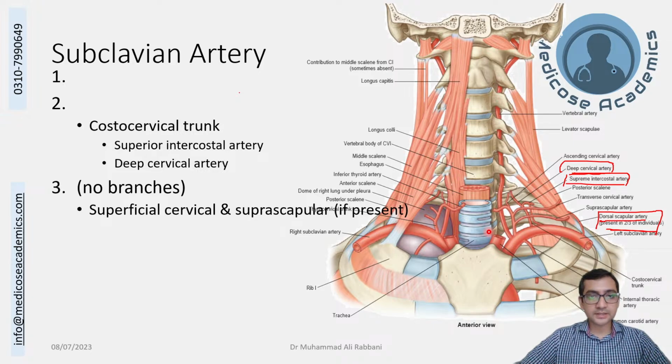And here you can see this artery. This is independent. This will be known as transverse cervical artery, or here it will be known as superficial cervical artery, because it does not have to go and make the deep branch. It does not have to give origin to the deep branch. So this is about the branches of the subclavian artery.